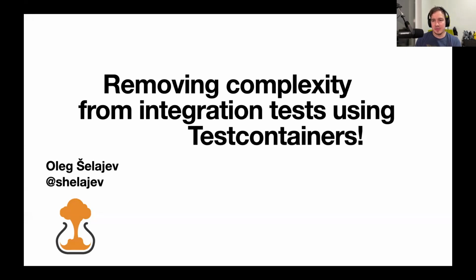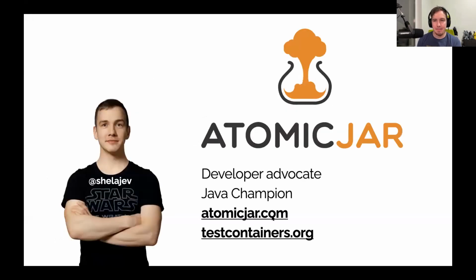Right, so my name is Oleg. I work, as was mentioned, as a developer advocate in the developer relations team at a company called Atomic Jar. Atomic Jar is a small startup, there are like 10 of us, and this is the company that was established by the maintainers of the project called Testcontainers.